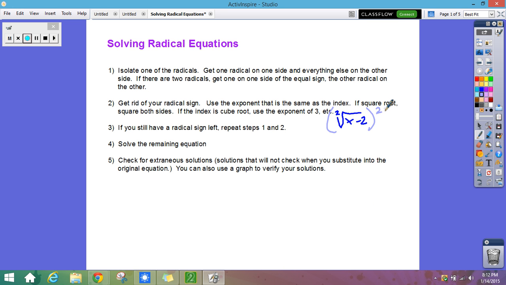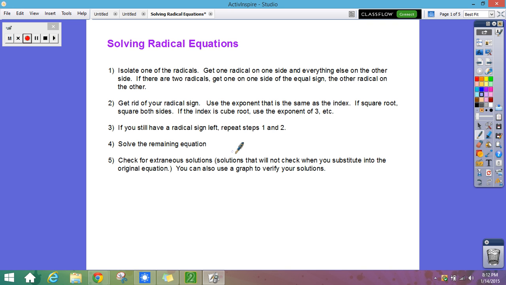That cancels the square root symbol, and you're left with x minus 2. Similarly, if you have a problem such as the cube root of x minus 4, to get rid of the cube root, we would simply cube this portion of the problem, and it would cancel out, and you would be left with x minus 4.